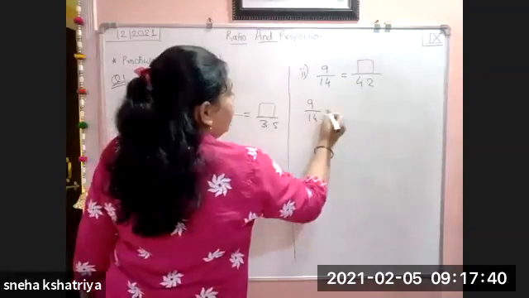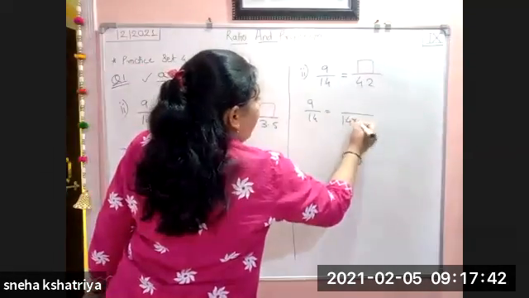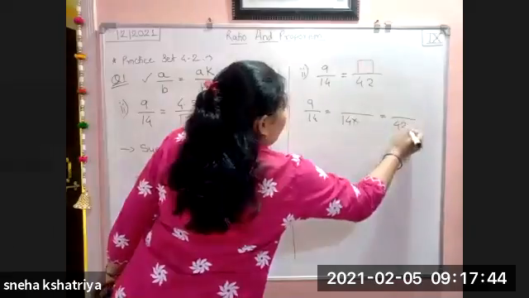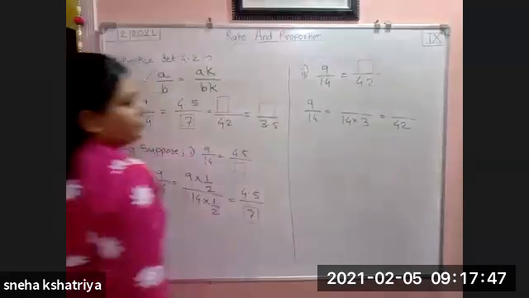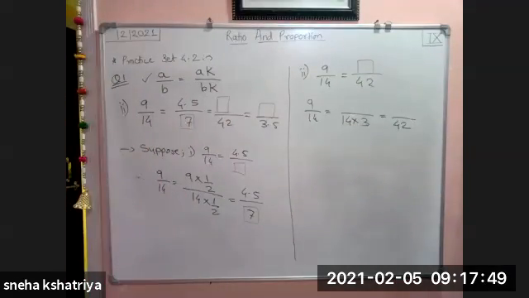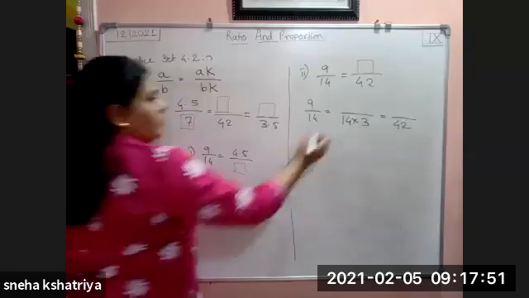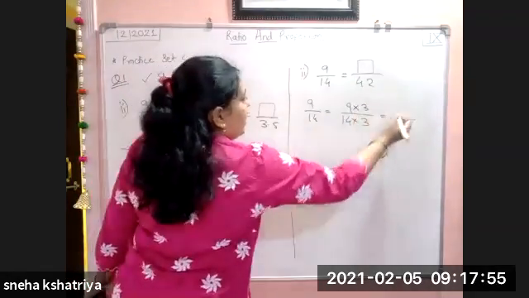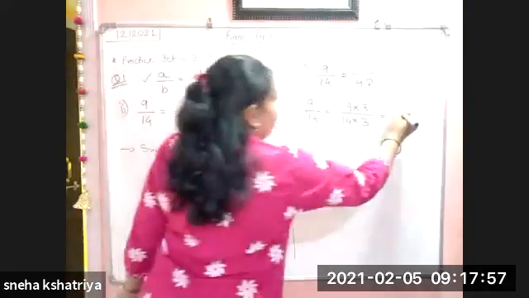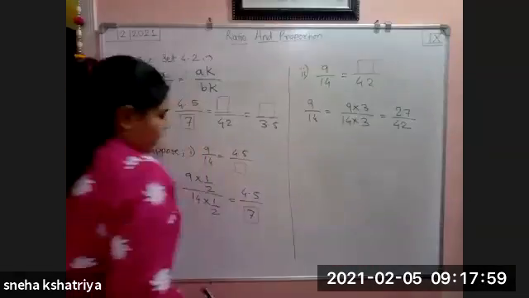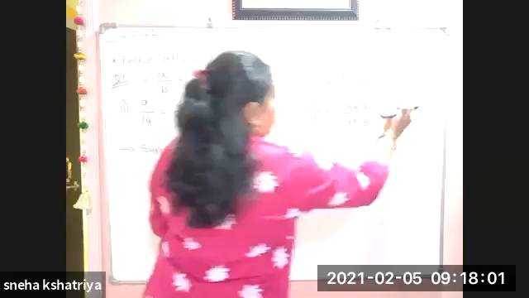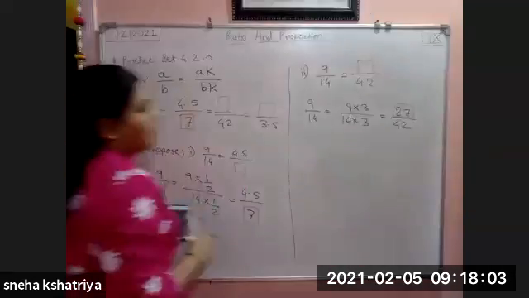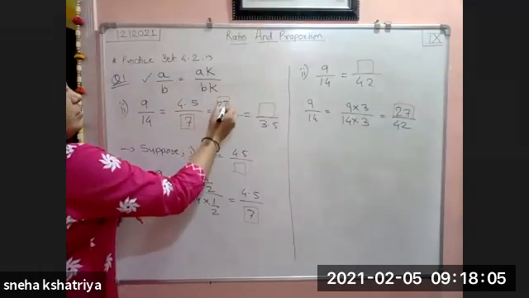So we have to guess that number. 14 times how much do we get 42? 3 14s are 42. So similarly here also, 9 is also multiplied by 3. 9 3s are 27. So your answer is 27. Here you will write down 27.